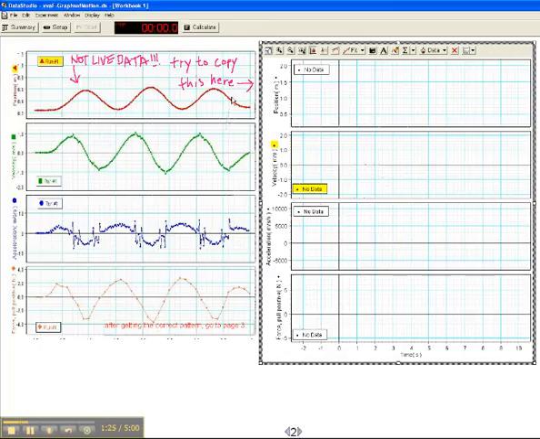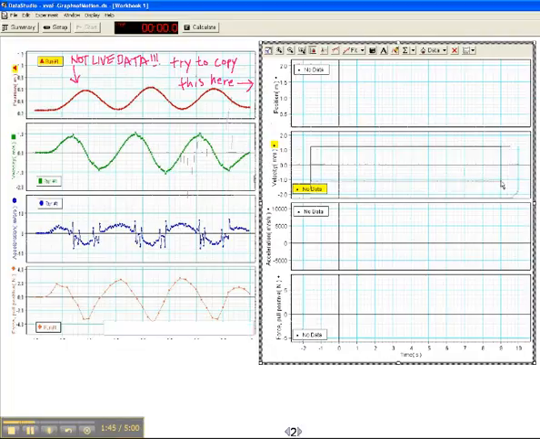The second reason that you may not have been able to see it is because sometimes when it does it, it puts these points in and it makes it difficult to see because it's so small. It might look like a straight line when in fact it's not a straight line. So you take the little cursor and just highlight the area that you want to see. Maybe it's a tiny area, and if you want to enlarge that, you push this button right here, which is scale to fit.